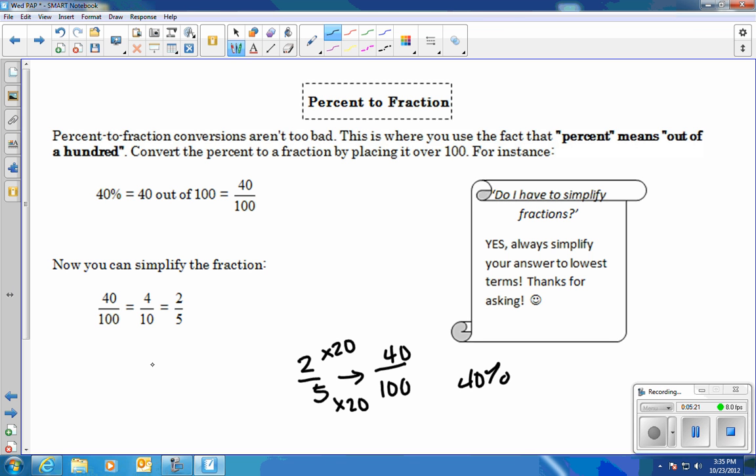However, 5/8 can't easily be made into 100. So what I would suggest from this form is turning it into a decimal first, which is 0.625, and then moving your decimal.